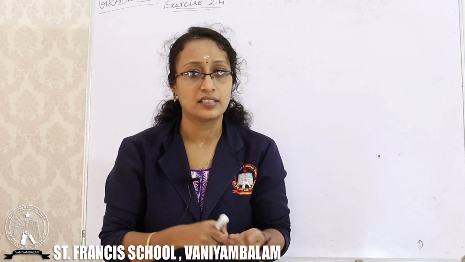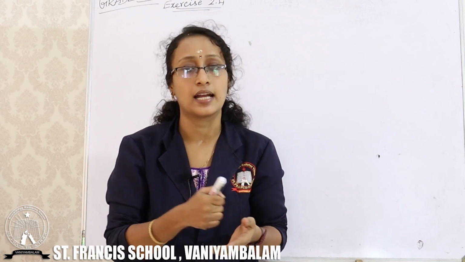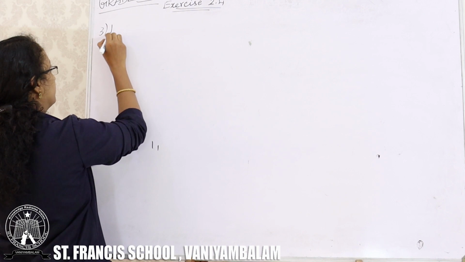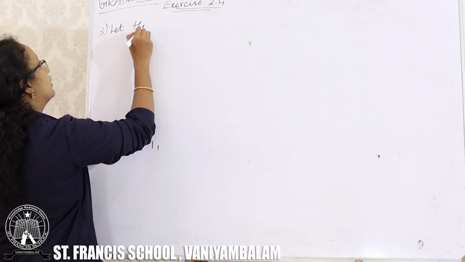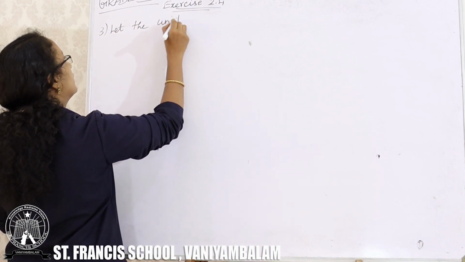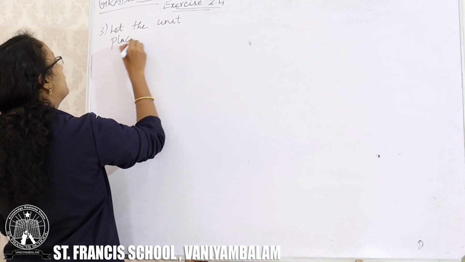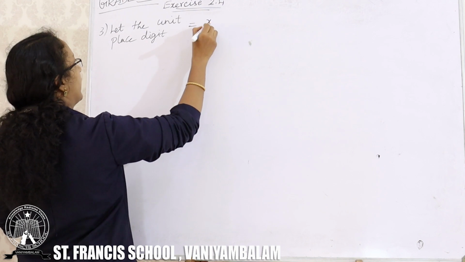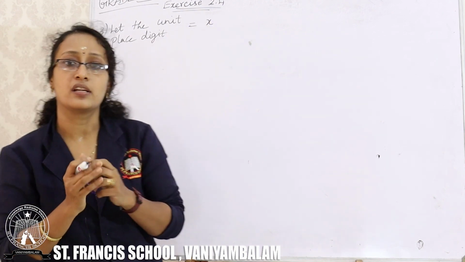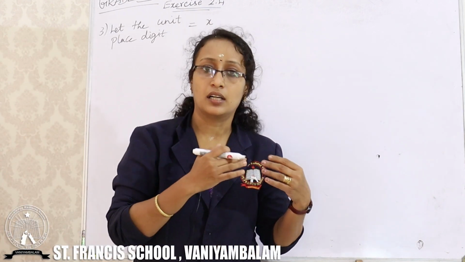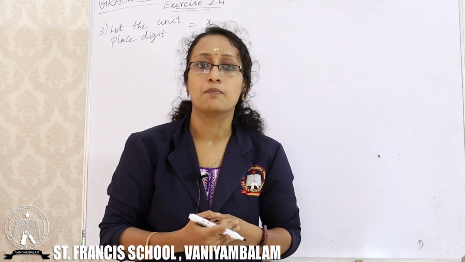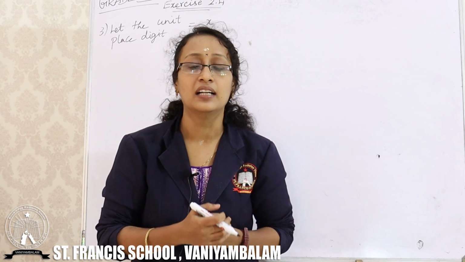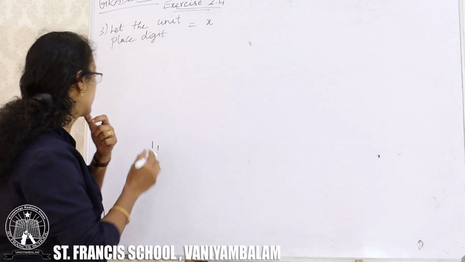Ones place and tens place, unit place digit and the tens place digit. So let us take the unit place digit to be x. There is a 2-digit number, and the sum of the digits of that 2-digit number is 9.